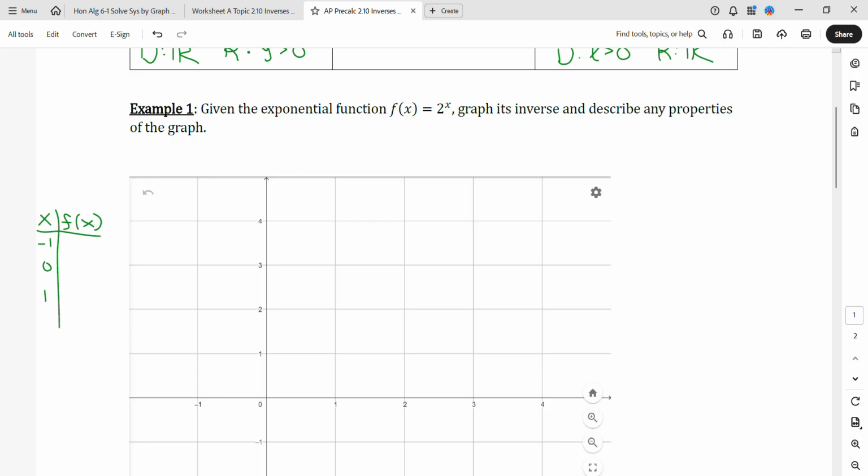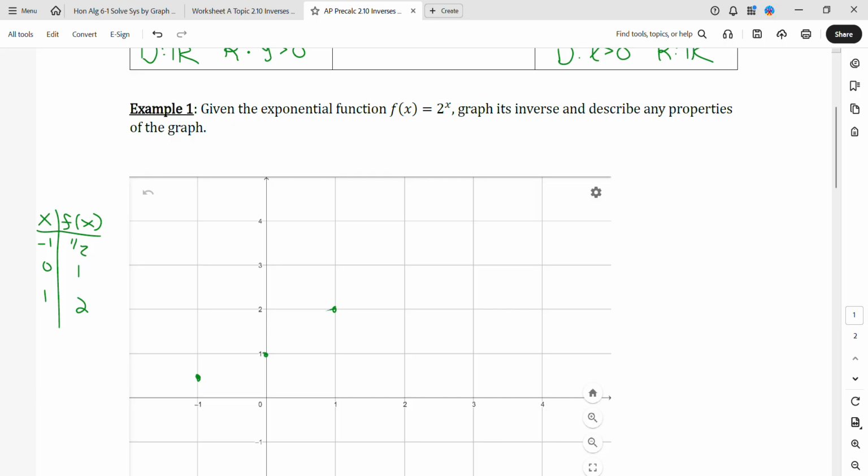When we plug in these 3 values into f of x, we get 1/2, 1, and 2. Let's go ahead and graph f of x. So -1, 1/2, 0, 1, 1, 2.